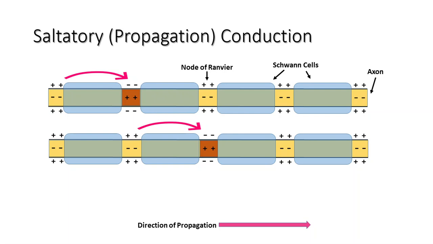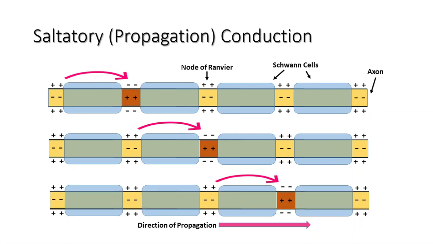Then, the action potential at the second node generates an ionic current that opens voltage-gated sodium ion channels at the third node, and so on. Later, each node repolarizes after its depolarization.